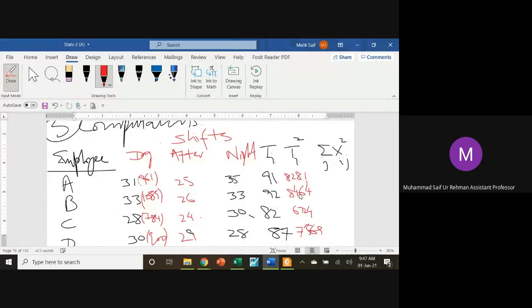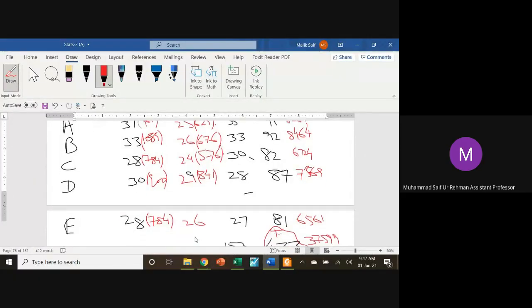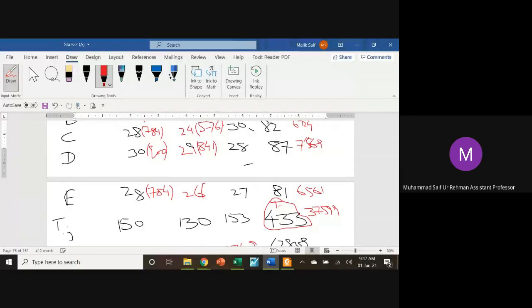Then come to the next column. 25 square is 625. 26 square is 676. 24 square is 576. 29 square is 841. 26 square again is 676.